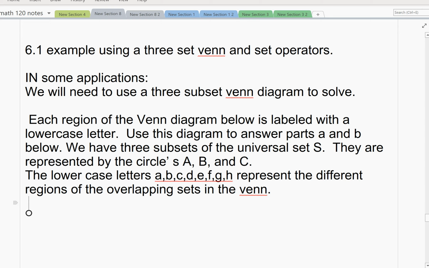So there's 3 circles: big circle A, big circle B, big circle C, where they're overlapped. You should see that in your handout. And then I've put lowercase letters A through H, and those represent the different regions. Each of those should be completely enclosed by an area. Those are the areas we're going to focus in on.